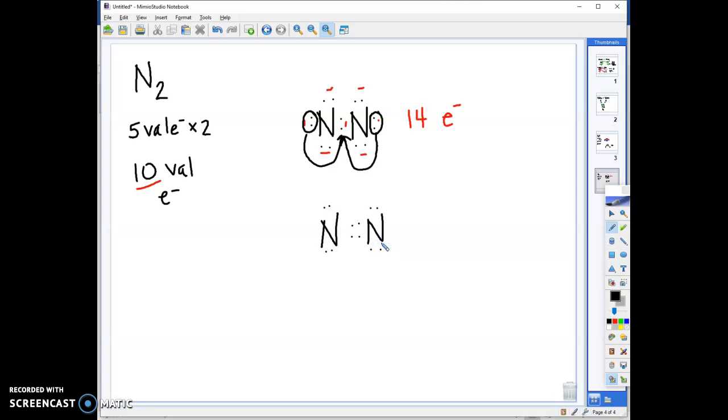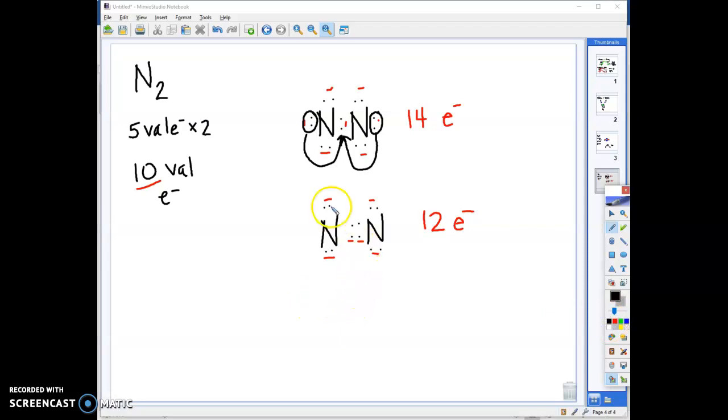I no longer have this pair and this pair because when I moved it to the middle, now they're sharing it. Okay. So now I'm going to count again. 2, 4, 6, 8, 10, 12. I'm showing now 12 electrons. Still too many.